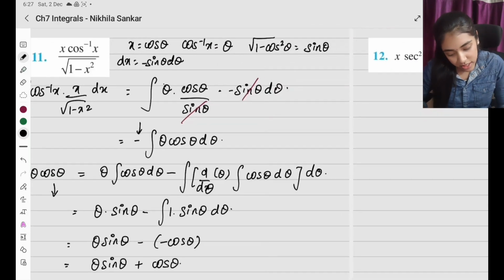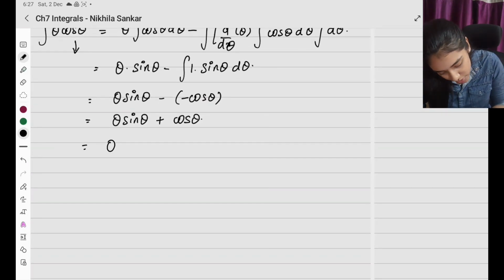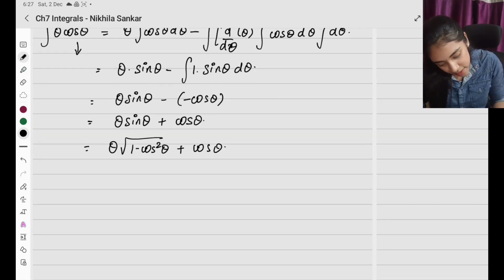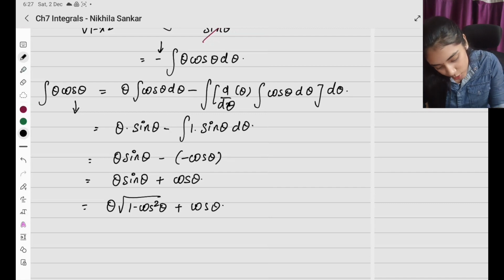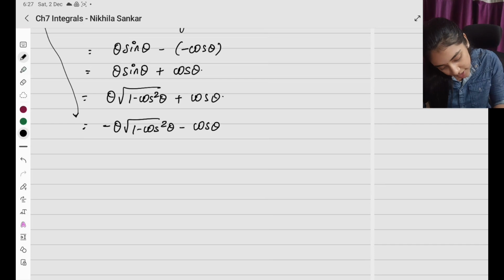We want the answer in terms of cos inverse and x, so we can convert sin to cos. So I have theta times square root of 1 minus cos square theta plus cos theta. I have a minus here. So when I bring the minus in, I can write this as minus theta square root of 1 minus cos square theta minus cos theta plus c.